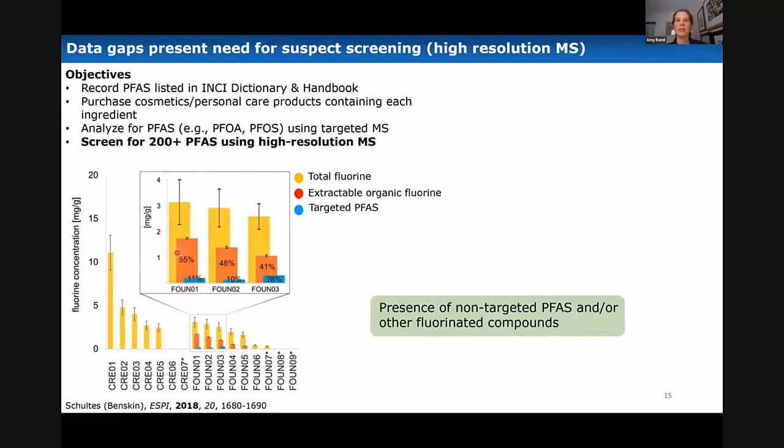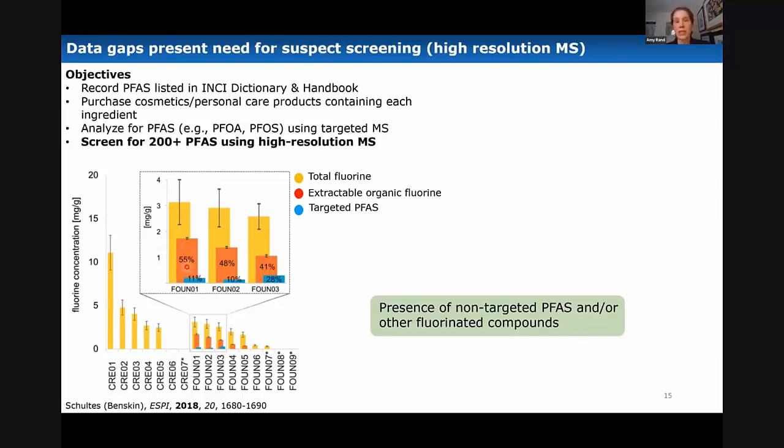And so this is a figure inlay that shows the results from 3 different foundations, all of which contain PAPs as an active ingredient. These foundations had the highest level of targeted PFAS, but they also had high levels of total fluorine, which indicated the presence of non-extractable substances like inorganic fluorine or polymers.